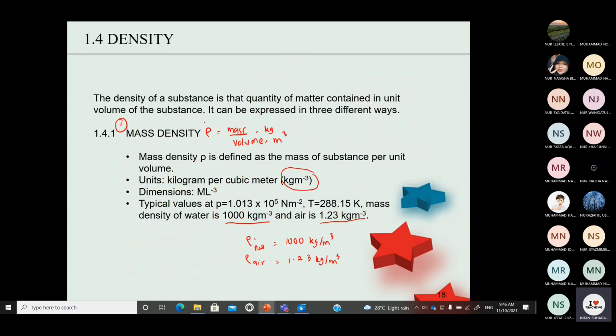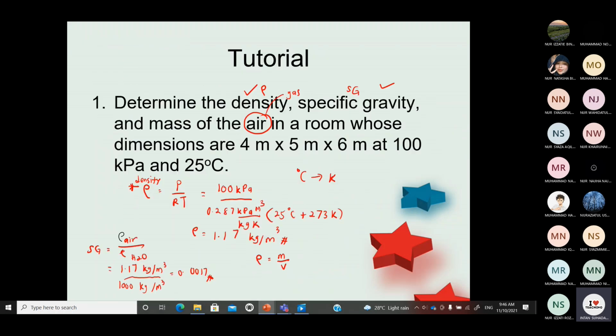So I just apply this formula to find the mass. Mass is equal to, you bring the volume over here, density times volume.